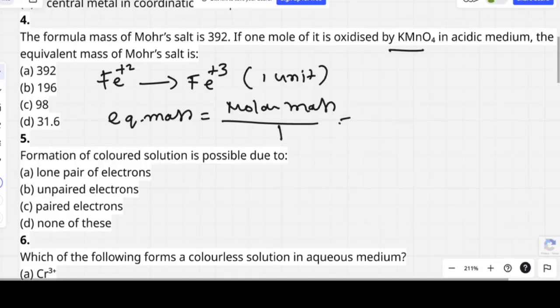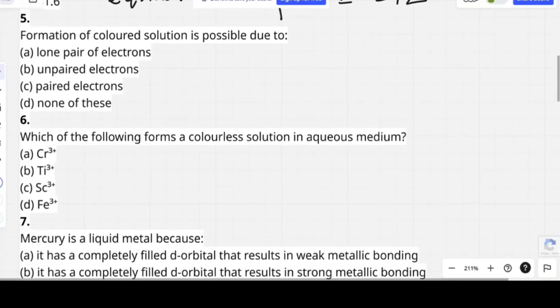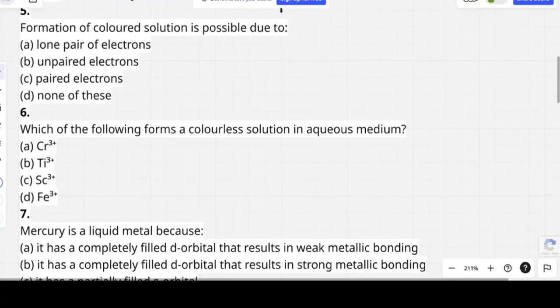So the answer is 392. Option A is correct. Next I move to question number 5. Formation of colored solution is possible due to, already I explained that. So in coordination compounds, here n represents the number of unpaired electrons.